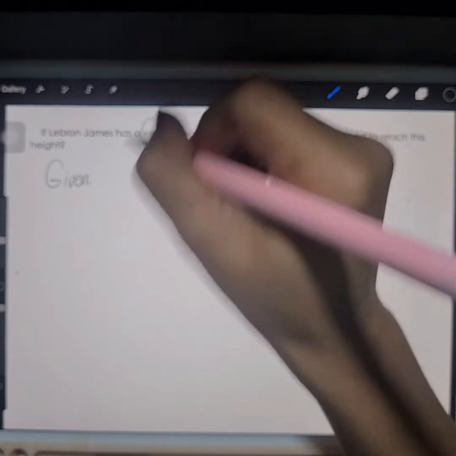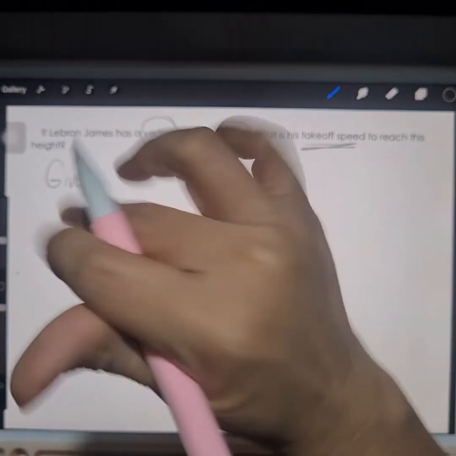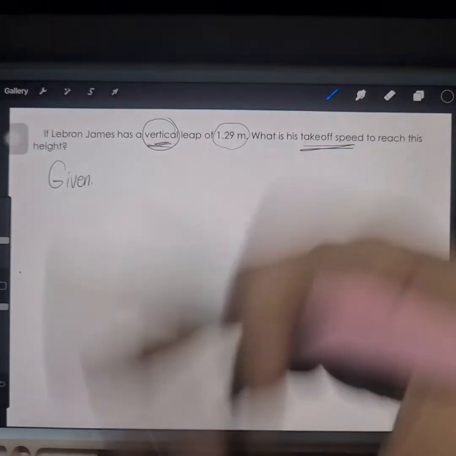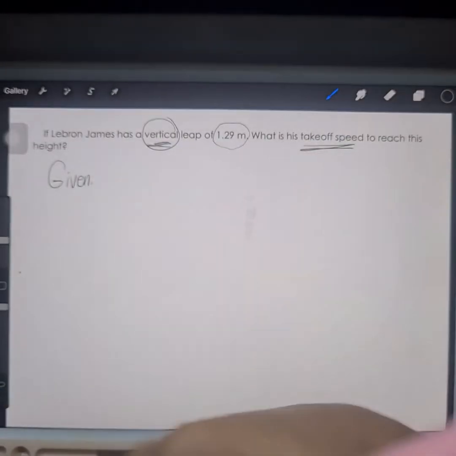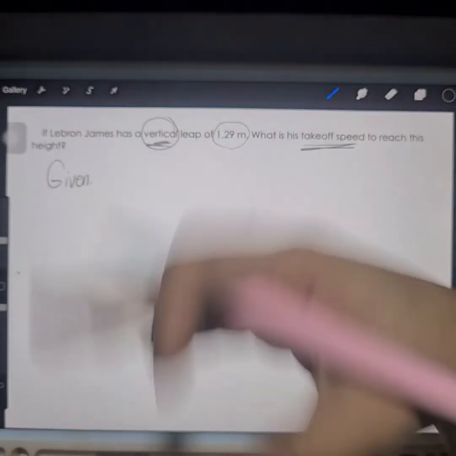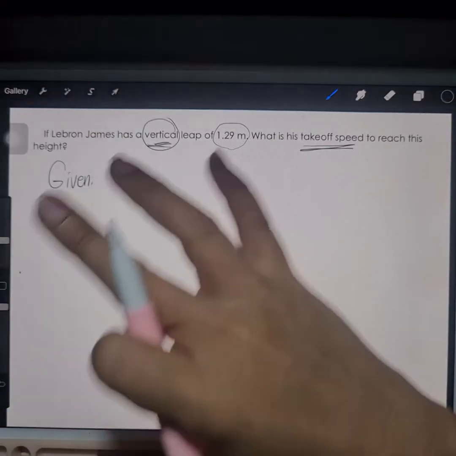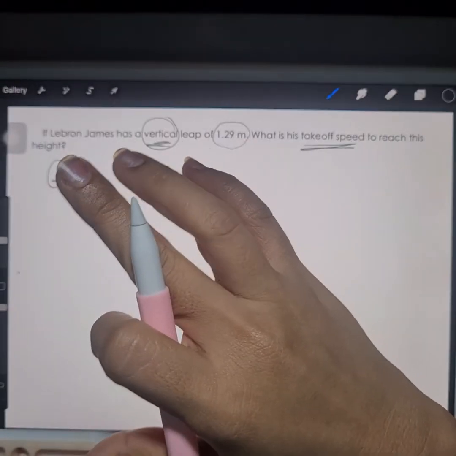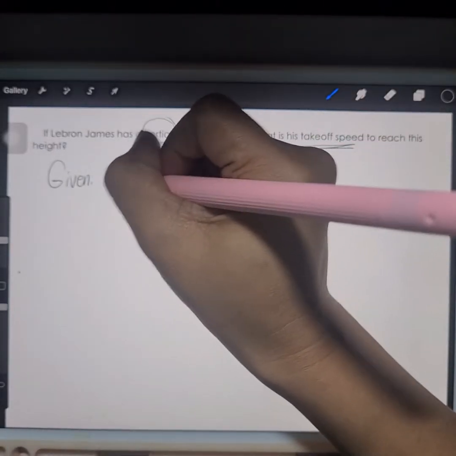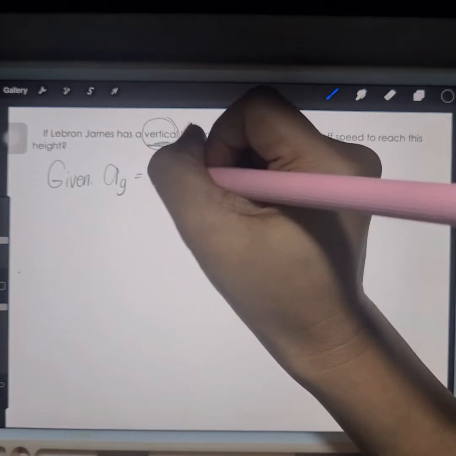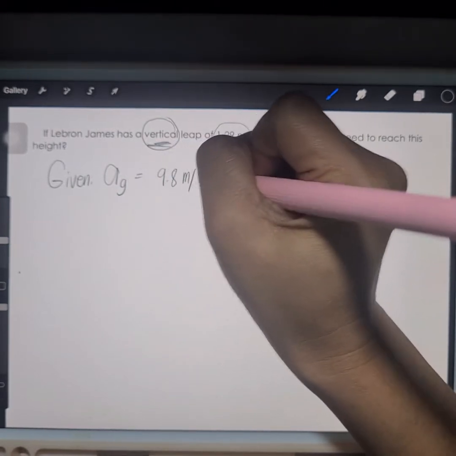Since this is a vertical motion, objects in vertical motion are always acted upon by a certain force, that is gravity. Since there's a force acting on the object, the object will accelerate, and therefore it accelerates at 9.8 meters per second squared.